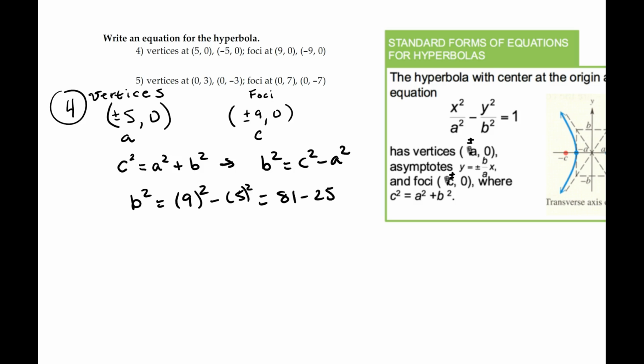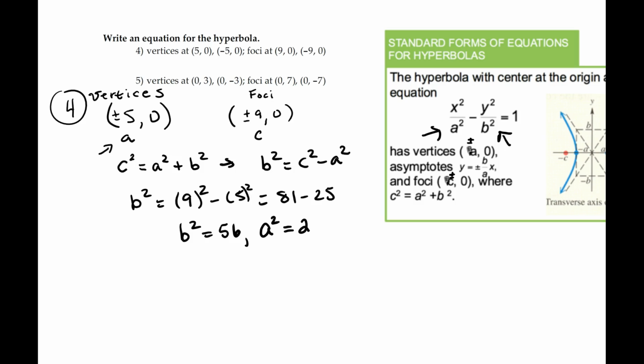So what does B squared equal? B squared equals 56. So don't bother trying to find out what B is because we really don't care. We want B squared. Just look at the format. We want B squared. We want A squared. A squared, as we recall, is 5 squared, so it's this square right here.